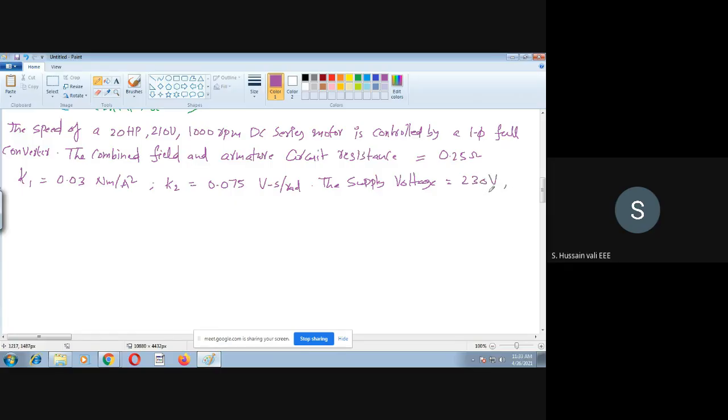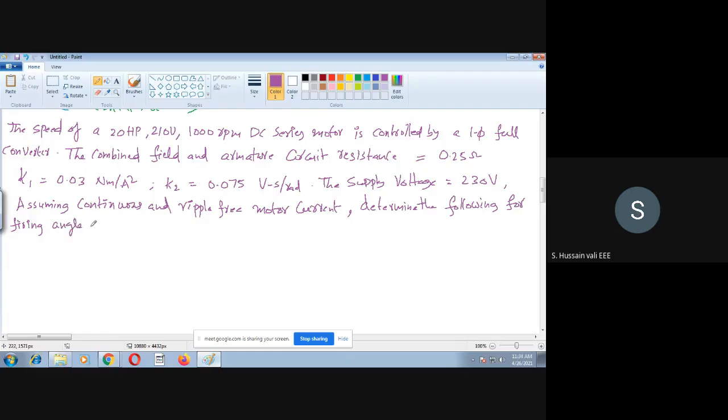Assuming continuous and ripple free motor current, determine the following for firing angle 30 degrees and speed n equal to 1000 rpm.